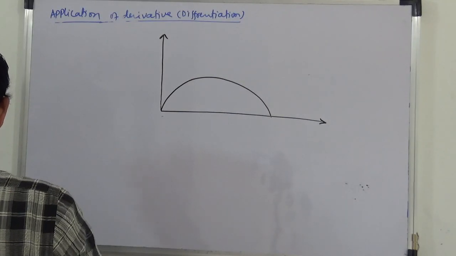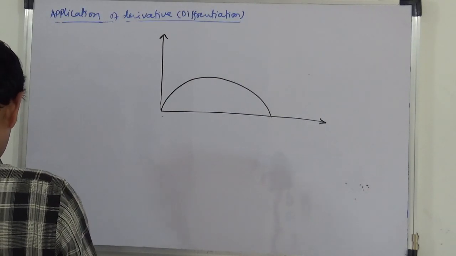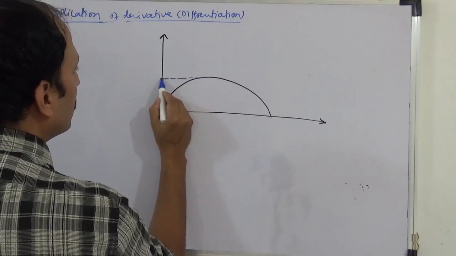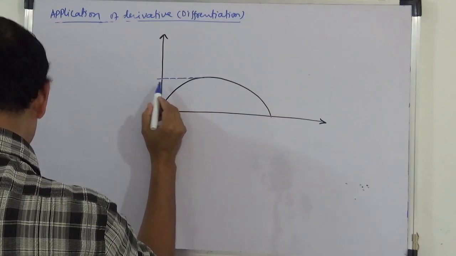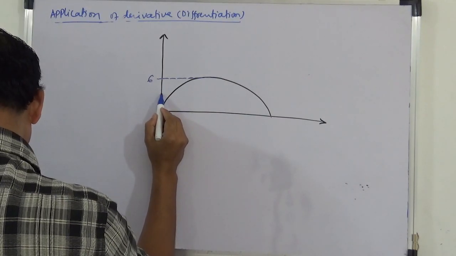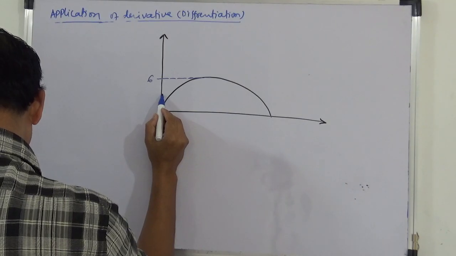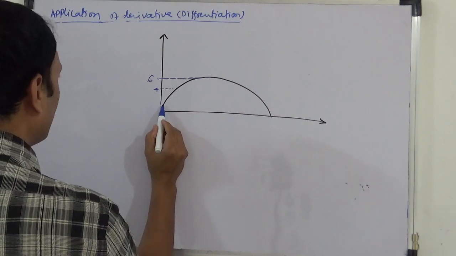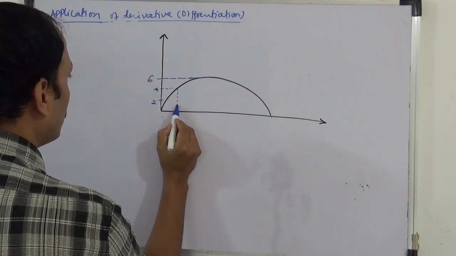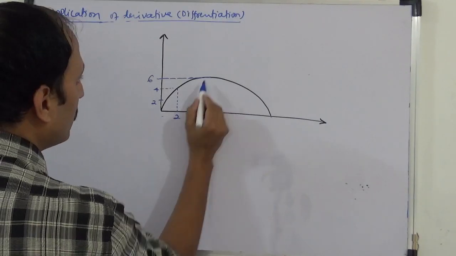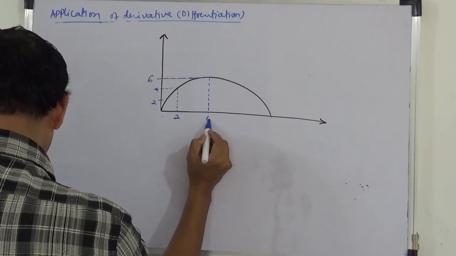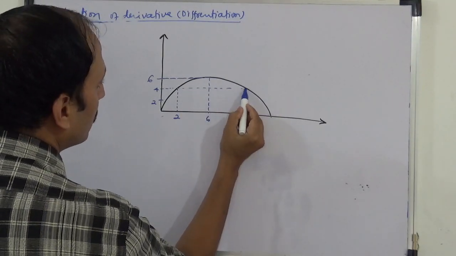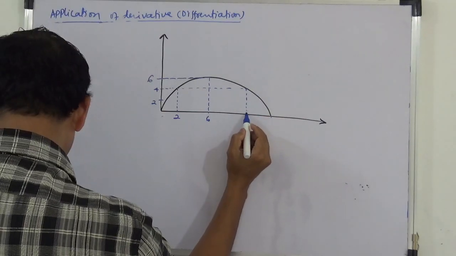The points are labeled as 6, then 4, this is 2, this point is given 2, this is given 6, this is given 10.